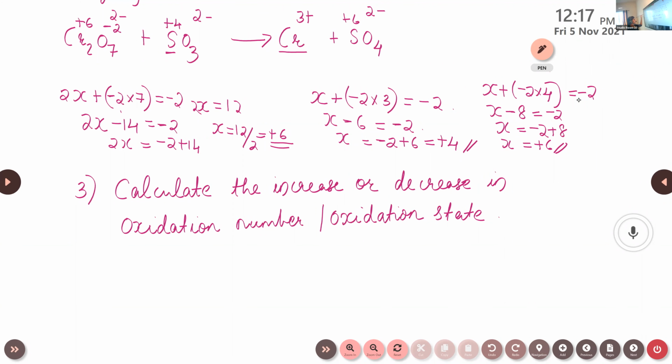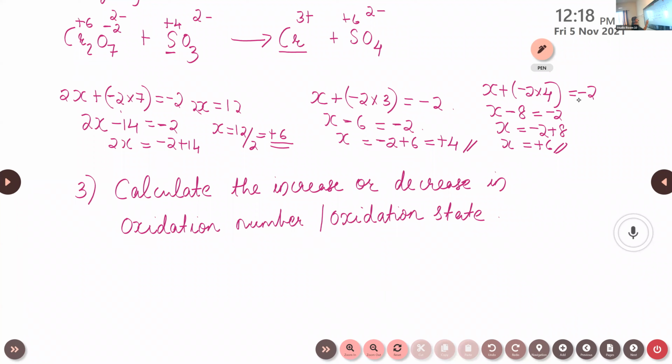Here it is represented as an ion, right? So there are positive ions or negative ions. So this charge is represented as minus 2 in each chemical reaction. Clear? Yes, ma'am. Yes, okay. So if it is a neutral compound, we will take the sum as 0. Here it is an ion, that's why we take it as minus 2.